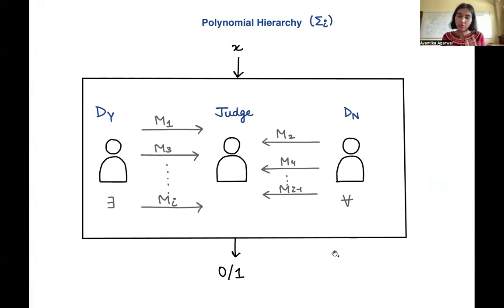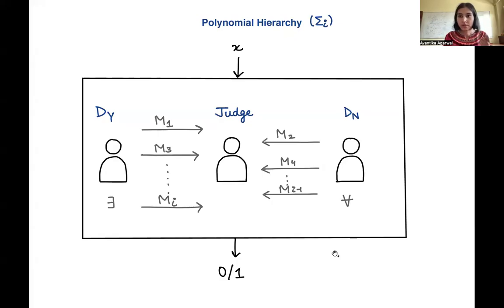We have this judge who is an efficient classical computer, and we have the debaters dy and dn. dy is trying to convince the judge to say yes, and dn is trying to convince the judge to say no. They send i messages alternately, at the end of which the judge performs some efficient classical computation and outputs yes or no.